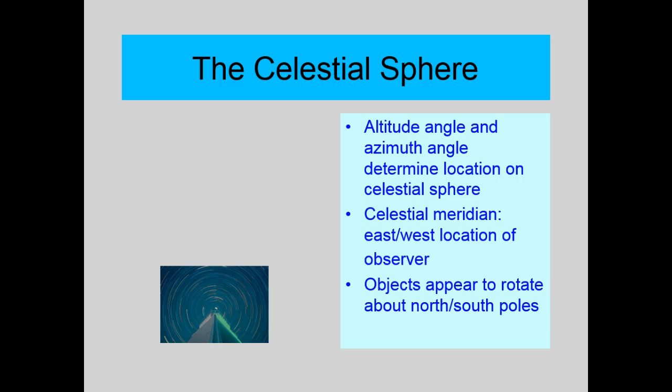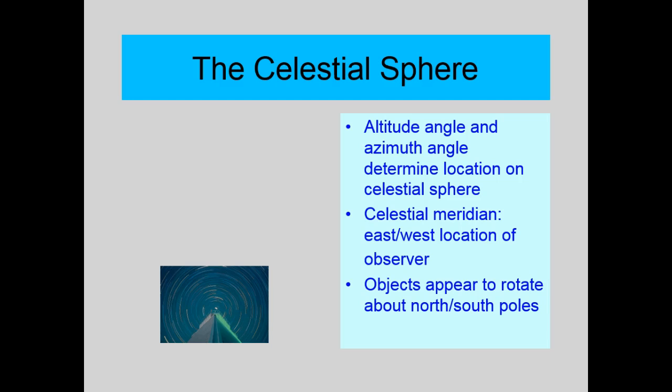Now, here's another term we'll talk about. Let's face due north. If you go from due north, from the northern horizon, through the North Star, directly overhead, I'm going to fall backwards, and then go down to due south, what I've just traced here is called my local meridian.